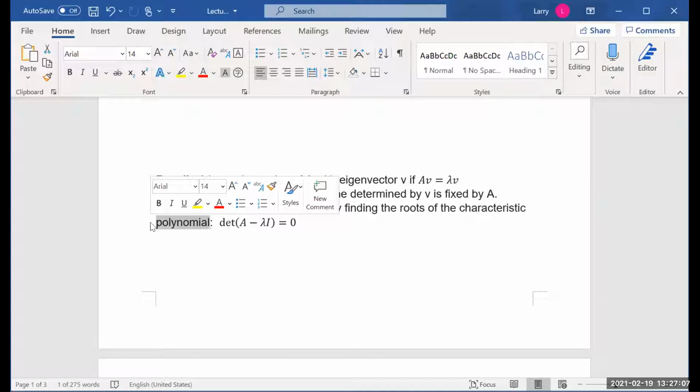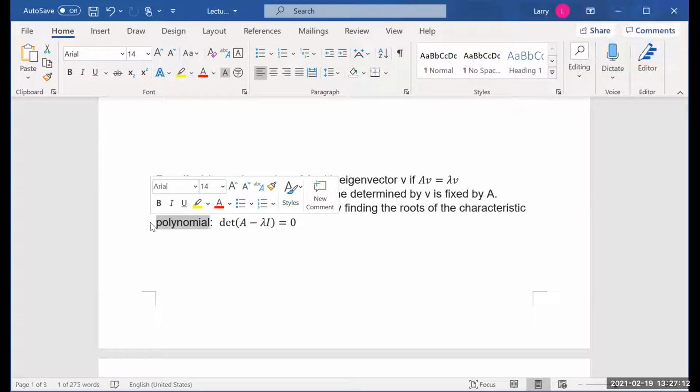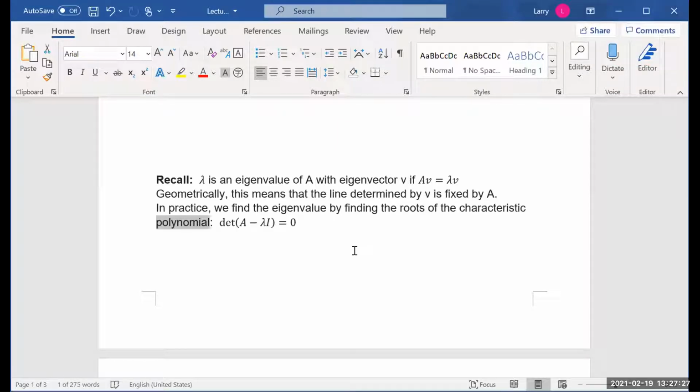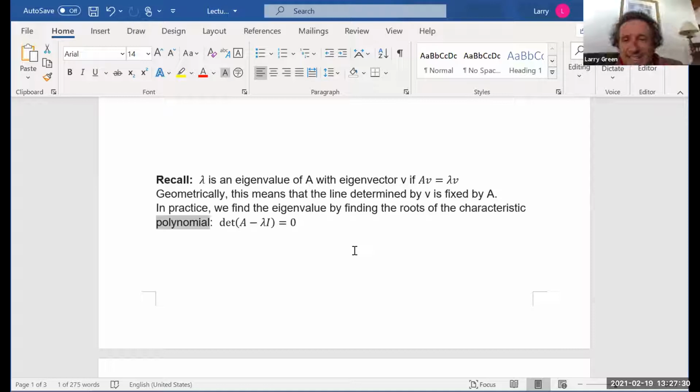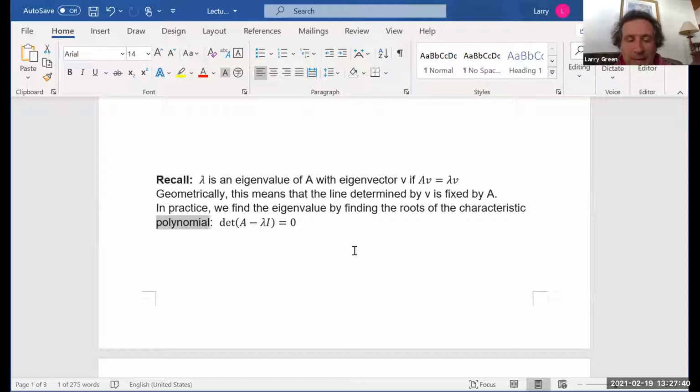If you have a 5x5 matrix, this should be easy. What degree will the polynomial be? 5. Okay. And by the way, if it's a second degree polynomial, you can use the quadratic formula. If it's a fifth degree, what can you use? A computer. Yeah, maybe. Calculus? And the answer is nothing. It's actually been proven that there is no formulaic way of solving a fifth degree polynomial or higher.